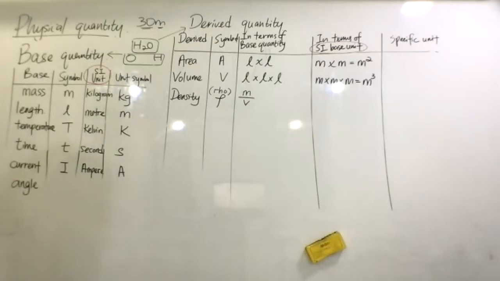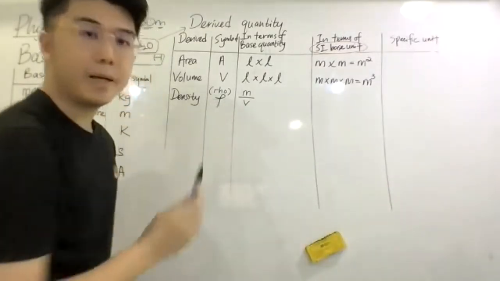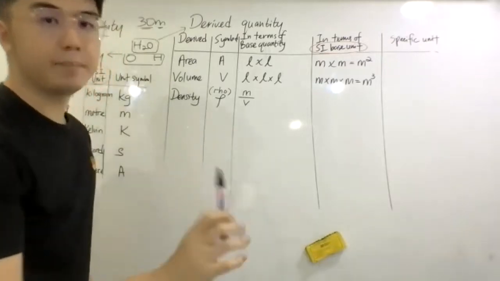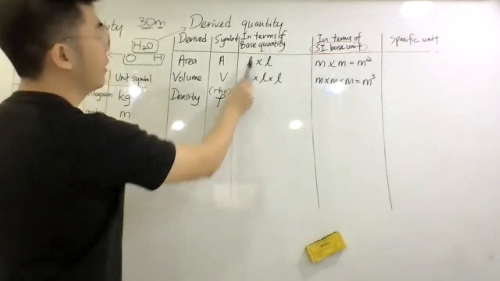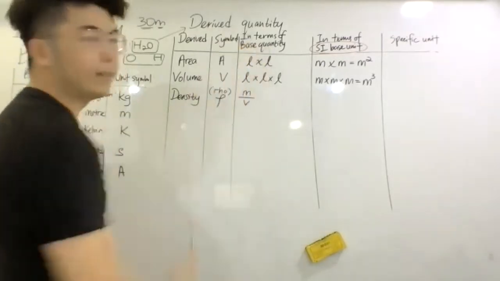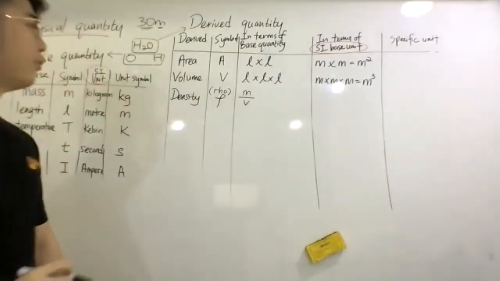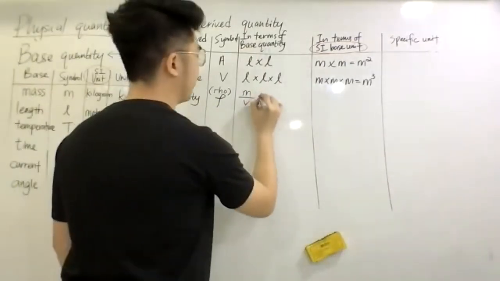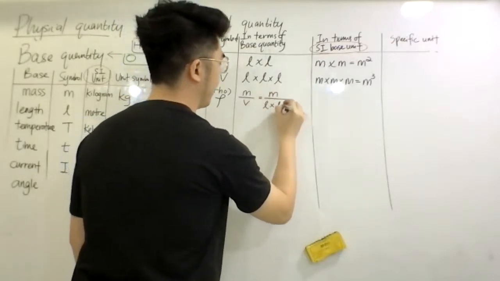Okay, mass over volume. But volume is not a base quantity. Volume is derived, right? So you cannot put volume here, because this column is in terms of base quantity. So I want to break down this volume, and I get something like m over length times length times length.